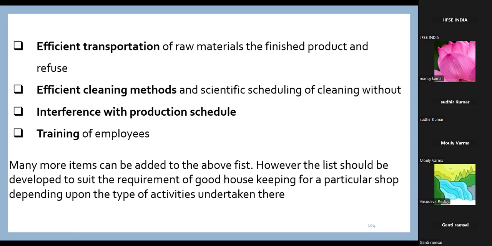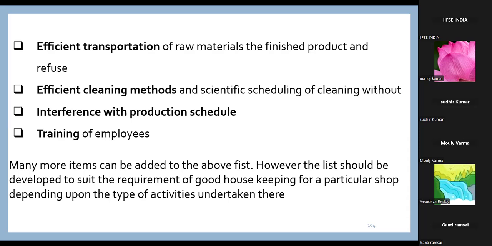And at the end of the day, before leaving the site, it is mandatory that the employees take part in housekeeping and then leave the site. This is as per the daily schedule. But monthly, or even once in a fortnight, all the employees, including the management and the workforce, participate for half an hour or so to clean up the whole site.